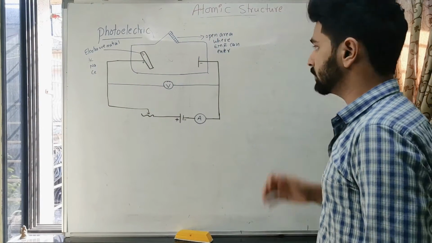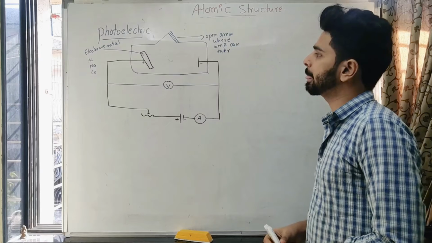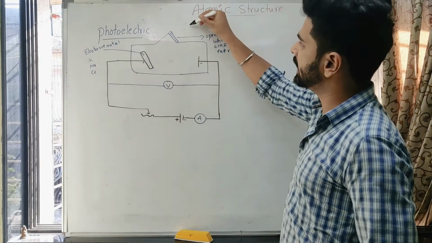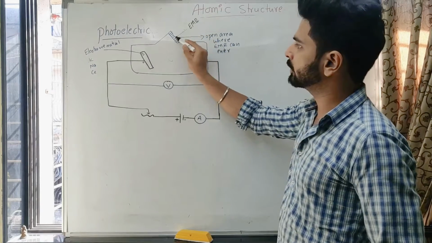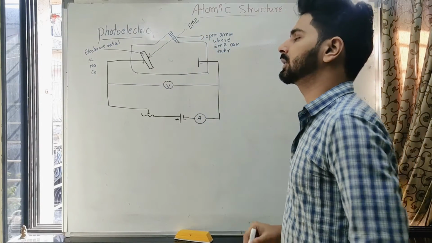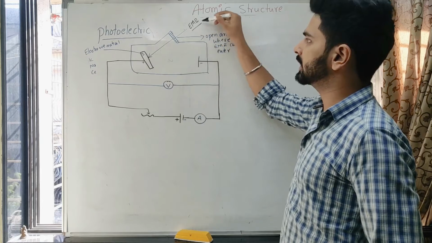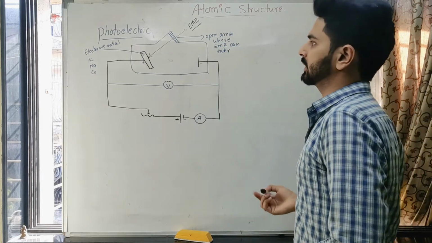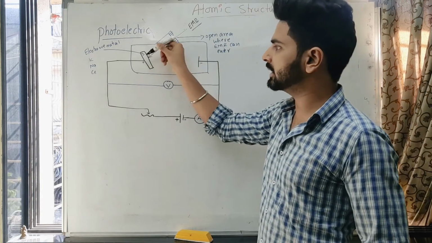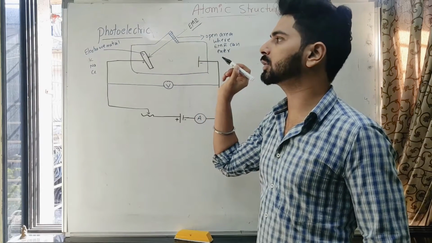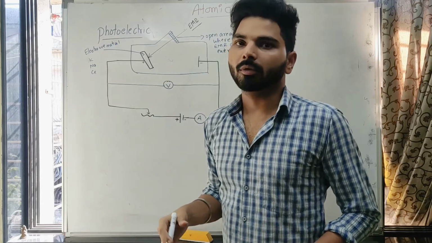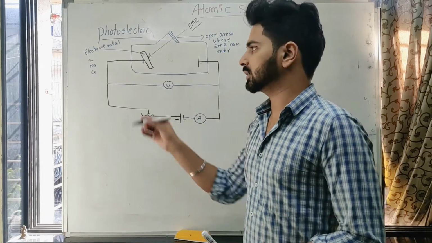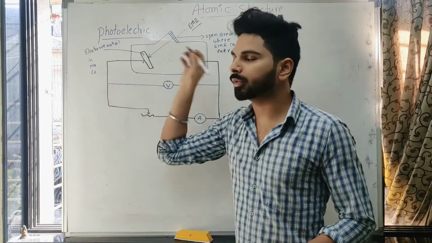Now, how it is going to work, we will see now. Here what happens, any electromagnetic radiation, if I made to fall on this, if it is energetic enough, then it will hit the surface of the electropositive metal, and we know electropositive metals very easily give out electrons, so less energy is needed to remove the electron from them.